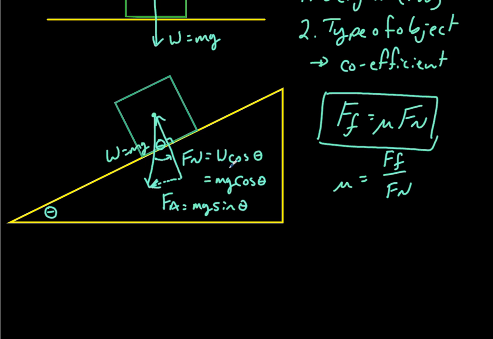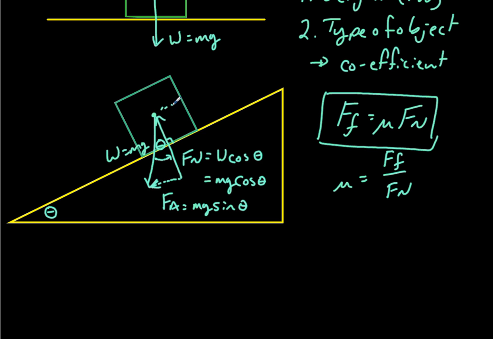On its own, the normal force isn't really interesting in this question. It doesn't really tell us a whole lot. However, what it can lead us to is what the frictional force is.